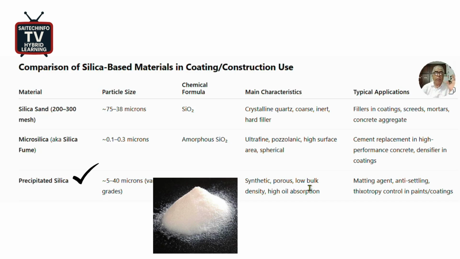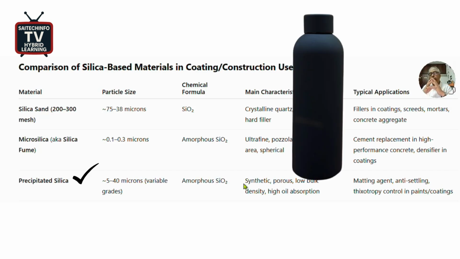Now, let me explain the main characteristics of this kind of precipitated silica. It is a synthetic one, and it is porous. So that is why it can act as a matting agent. And since it is porous, it has a low bulk density and high oil absorption.